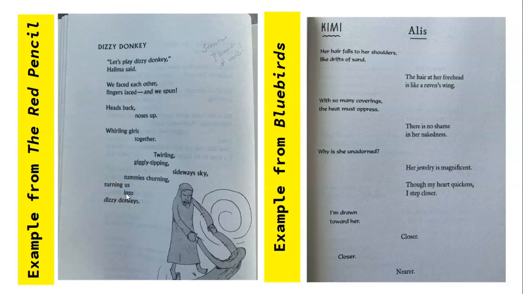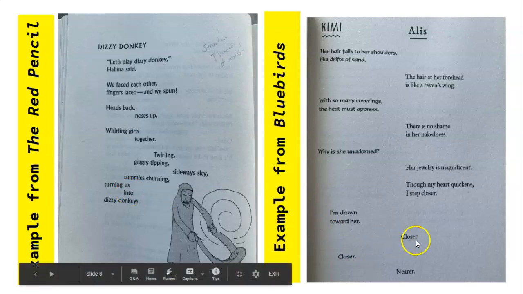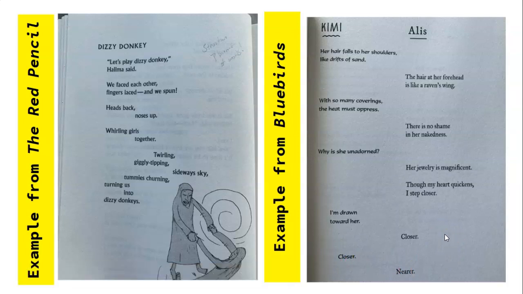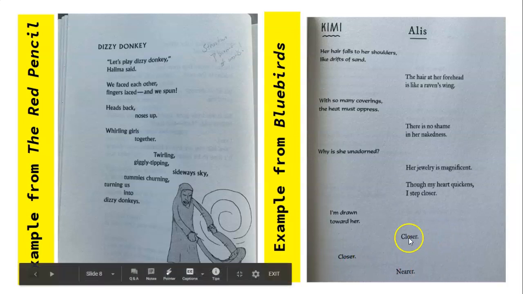So sometimes the author is trying to emphasize that word, and so they might put a word on a line by itself. Or here in this poem, this is actually from a different book called Bluebirds, the words closer, closer, nearer, those words are important, they're significant to the characters and what they're doing, and so the author might put space around them, so you have a great deal of white space around them, or put them in their own stanza, own line, in order to emphasize that to you.